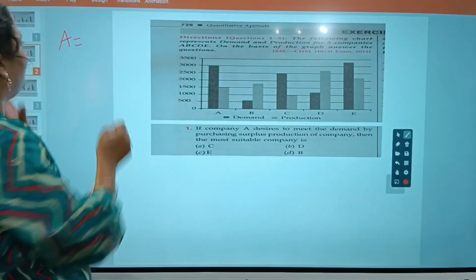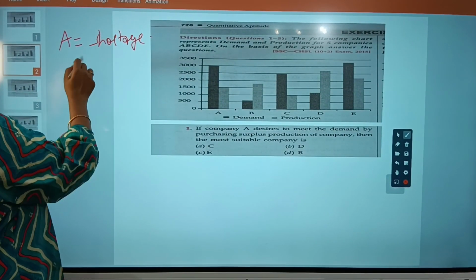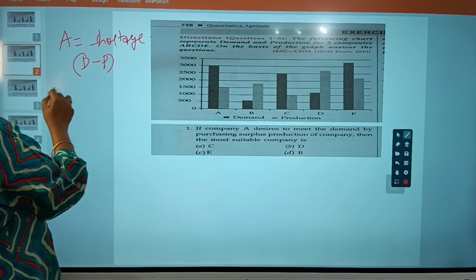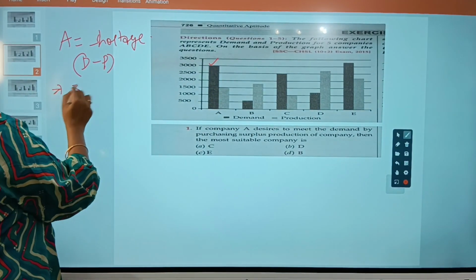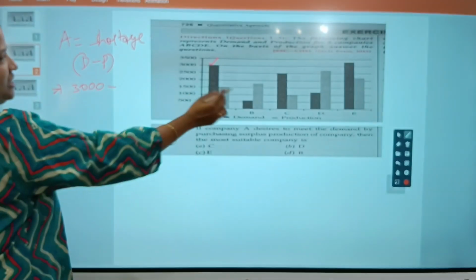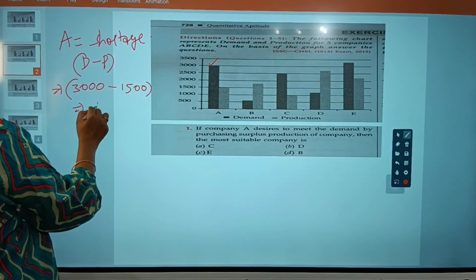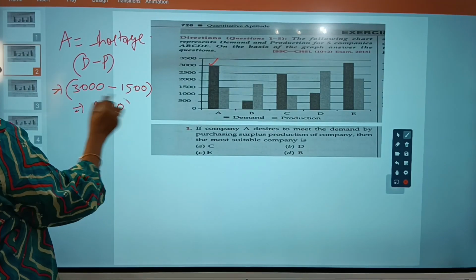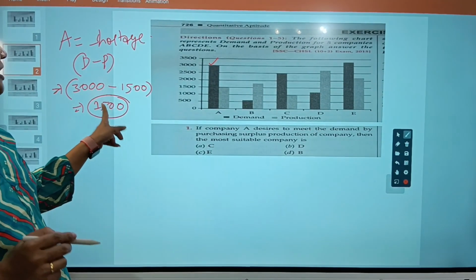First, we have to calculate the shortage. Shortage is nothing but demand minus production. So in A case, what is the demand? 3000. But production is at 1500. So the difference must be 1500 in any company case. Then we can decide which company is best.